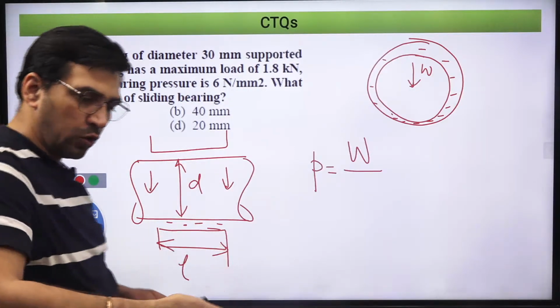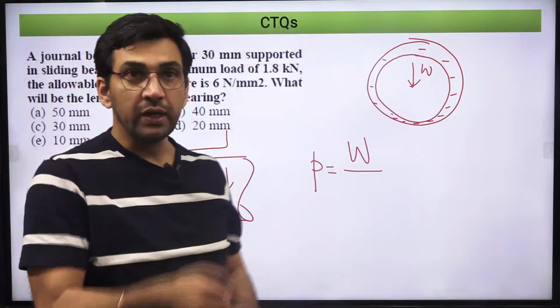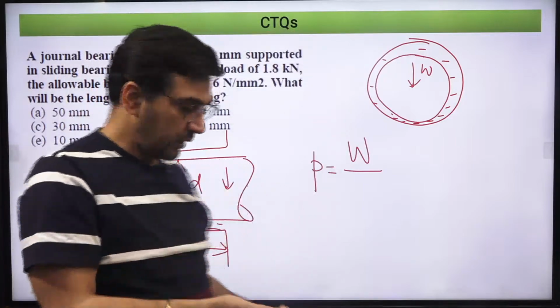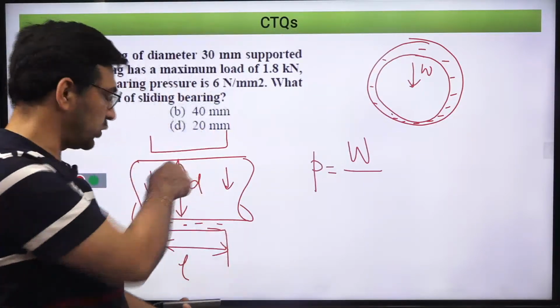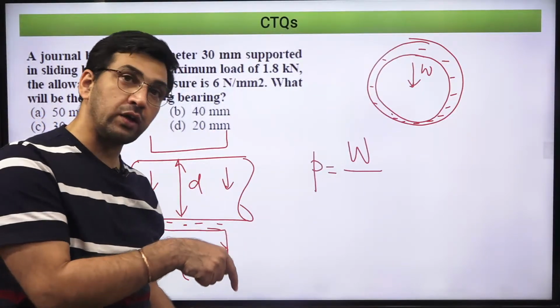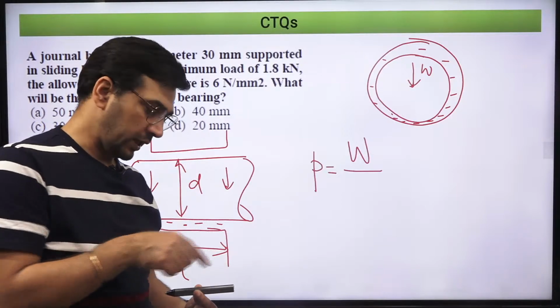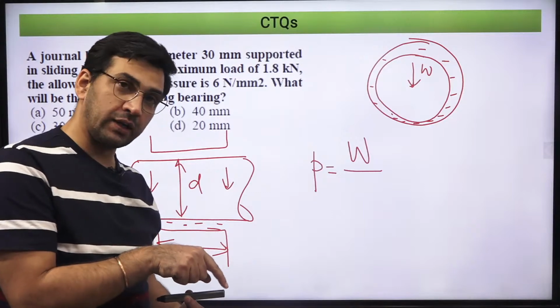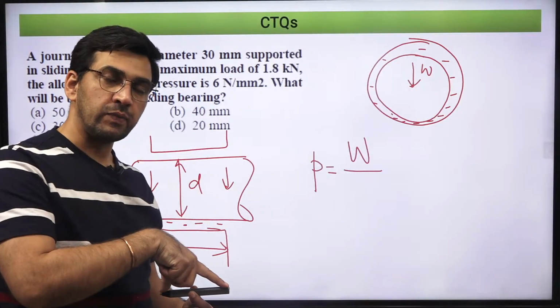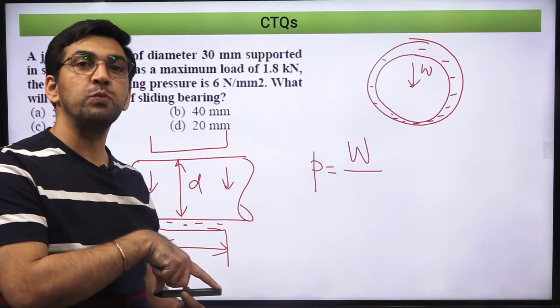Which area? The lower half, when you look at it from the top, will look like a rectangle, right? For example, if I look at this pen from the top, same situation. I will find a rectangle whose width is the diameter, and obviously the other side is the length. That area we call the projected area.